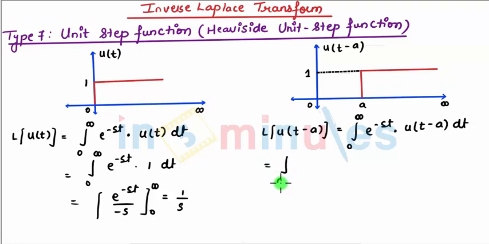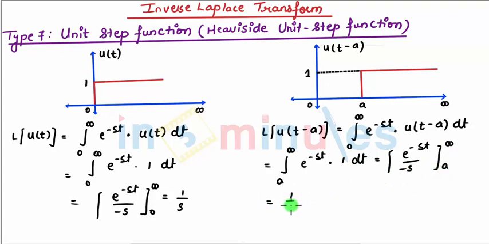So the limit changes from a to infinity e raised to minus st into 1 dt, which equals e raised to minus st divided by minus s, with upper limit infinity and lower limit a. Putting the lower limit first, with 1 by s outside, we get e raised to minus sa minus, when you put the upper limit, that becomes 0.